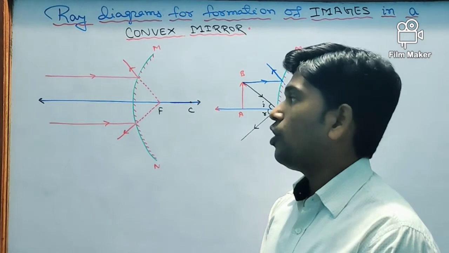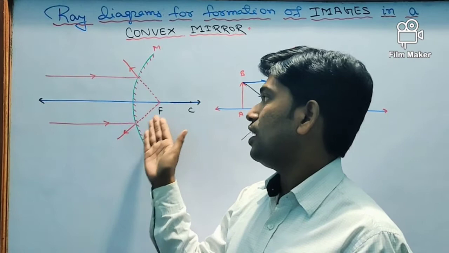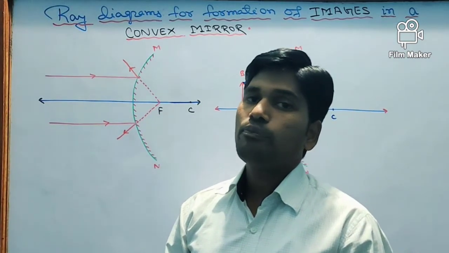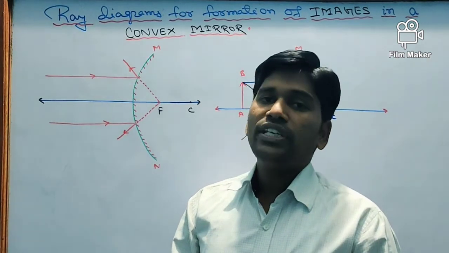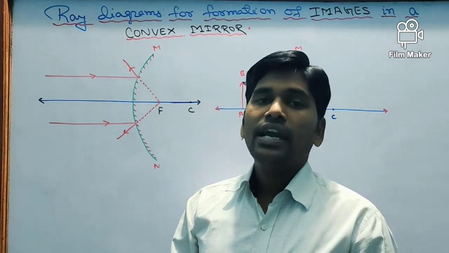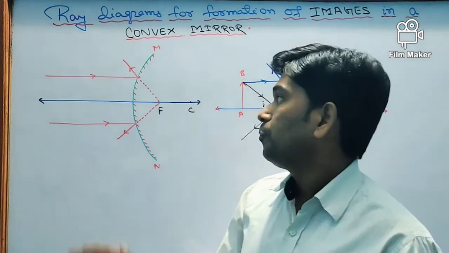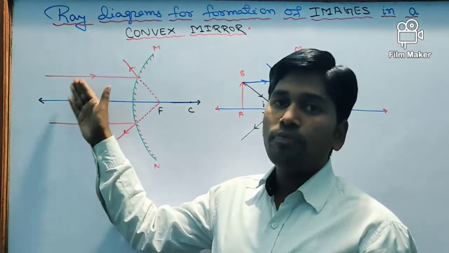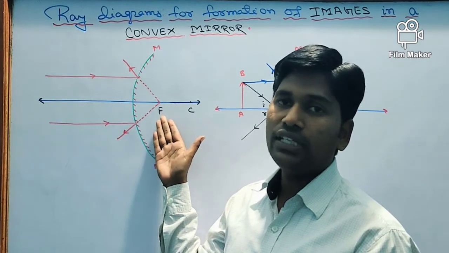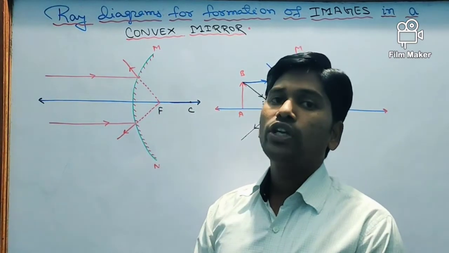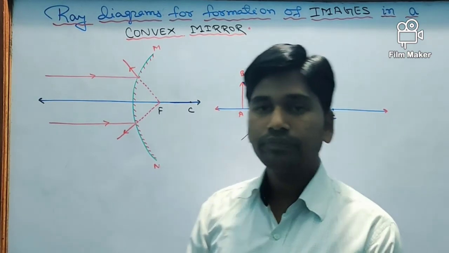So image is formed at the focus. As the reflected rays appear to diverge from the point F, the image formed at F is virtual, erect, and point size. So the position of object is infinity, position of image at focus, nature virtual, erect, size point size.